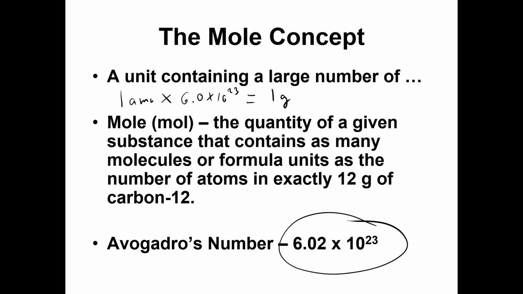And that's just a convenient number that turns 1 AMU into 1 gram per mole. Or if you have carbon, 12 AMU equals 12 grams per mole. That's the whole reason we have that.